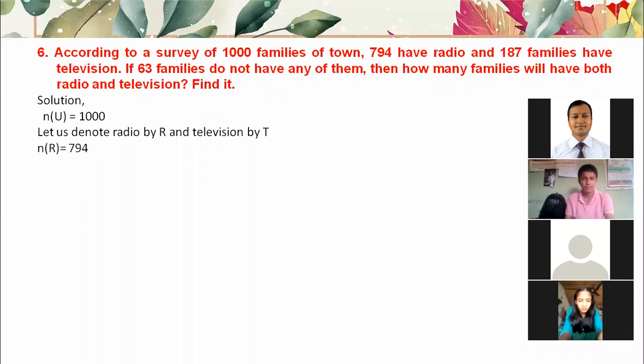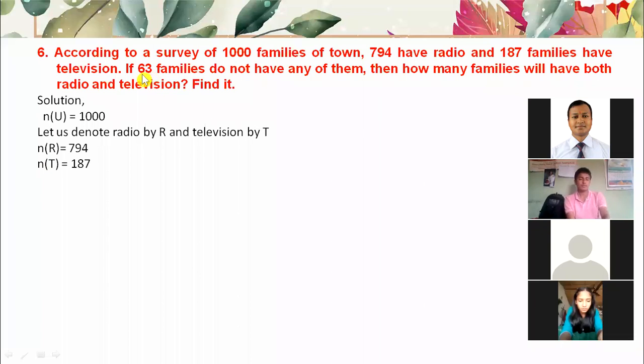How many have television? 187. Sometimes we say it in short, like NR equals 794, NT equals 187, which is easy for reading, but the actual pronunciation is cardinal number of R equals 794, cardinal number of U equals 1,000, cardinal number of T equals 187.